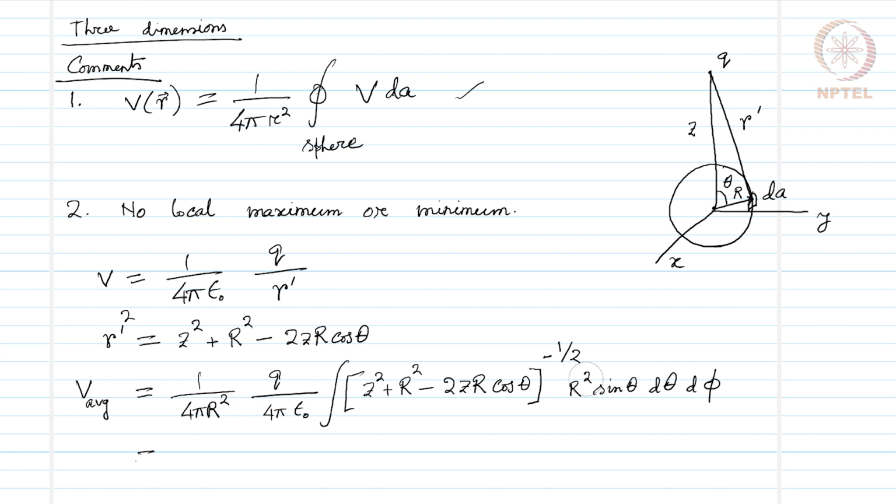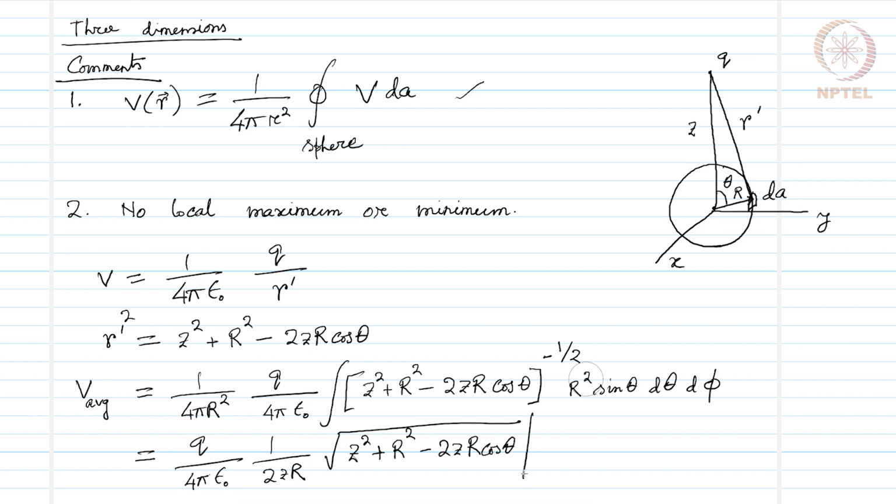And if we evaluate this integral, we will find this equals q over 4 pi epsilon naught, 1 over 2zr, z squared plus r squared minus 2zr cosine of theta, square root of this, and the limit goes from 0 to pi.